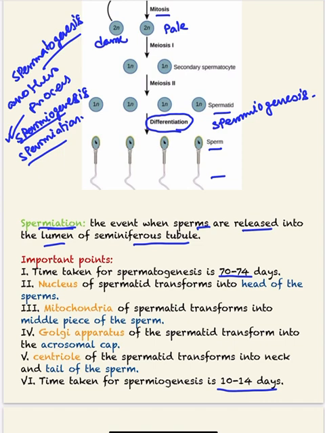What are they? The nucleus of the spermatid transforms into the head of the sperm. The mitochondria of the spermatid transform into the middle piece of the sperm. The Golgi apparatus of the spermatid goes into the acrosomal cap, and the centriole of the spermatid is transformed into the neck and the tail of the sperm.